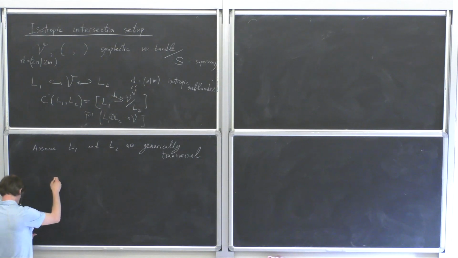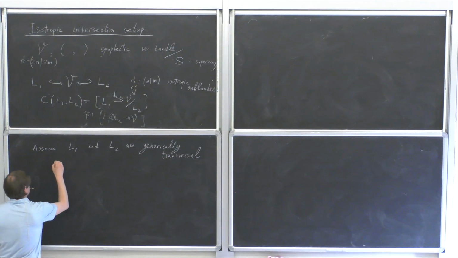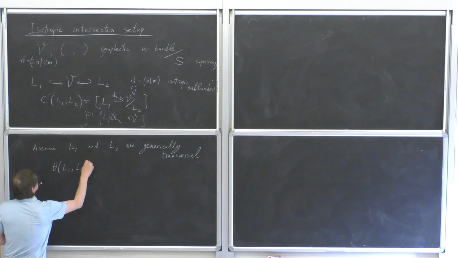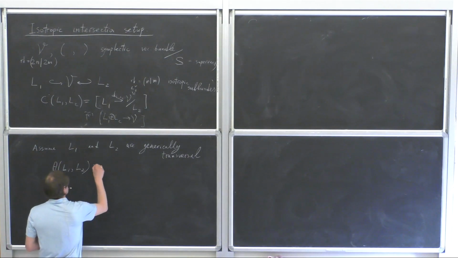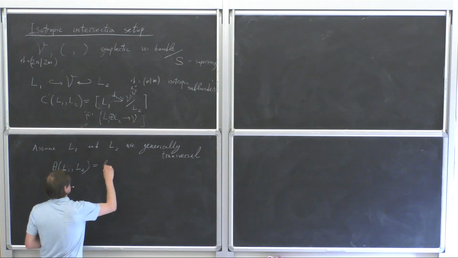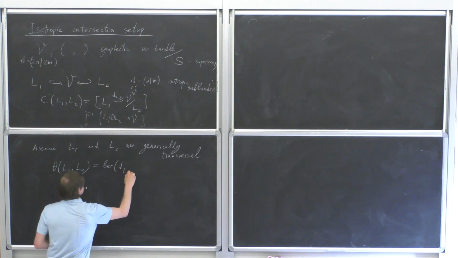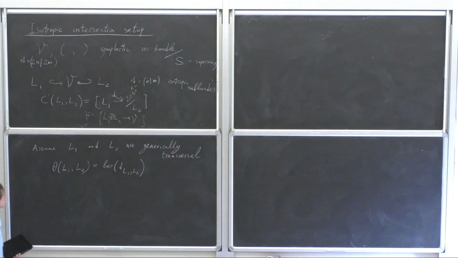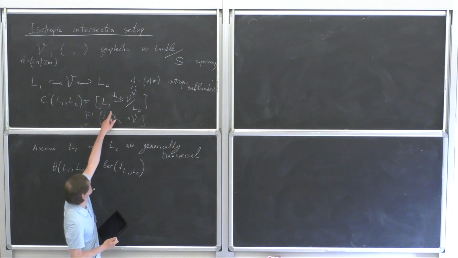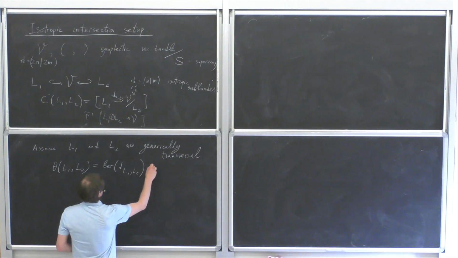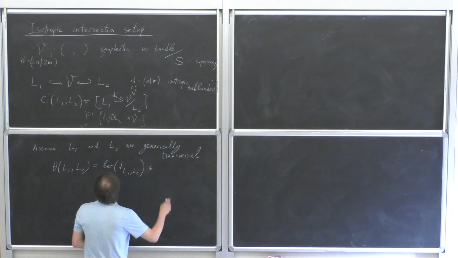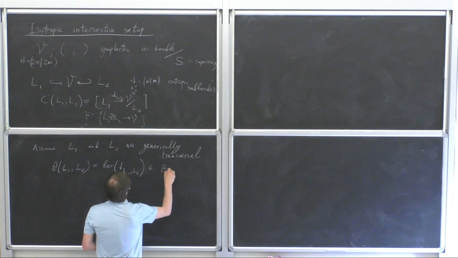Then I can define a rational section of a line bundle on S, which I will call theta of L1, L2. This will be the Berezinian of the differential. This map D L1, L2, away from the locus where they have non-zero intersection, is an isomorphism, and we can take its Berezinian. So it's a global section of the line bundle.